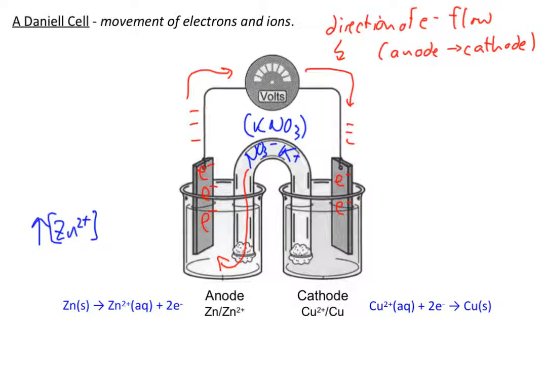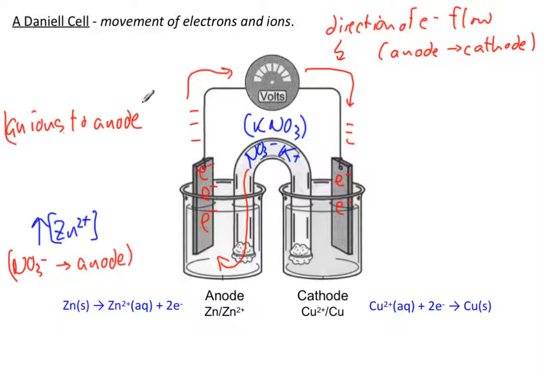So NO3 minus moves to the anode, and the anode stays essentially electrically neutral. The zinc 2 plus is increasing, but you're also moving anions into the anode. So anions to anode is a good thing to remember to maintain electrical neutrality.